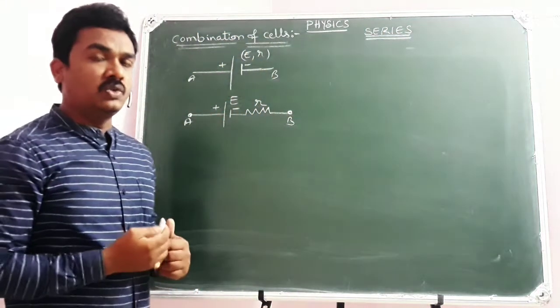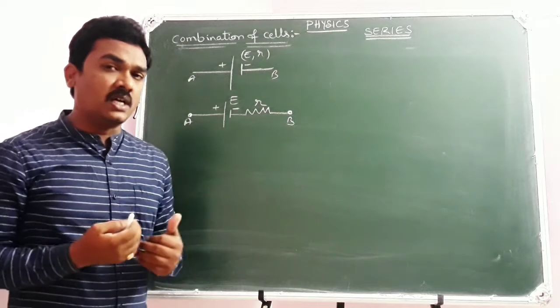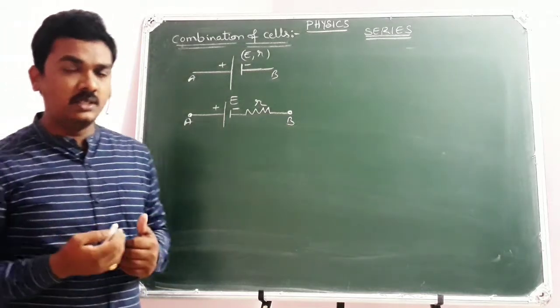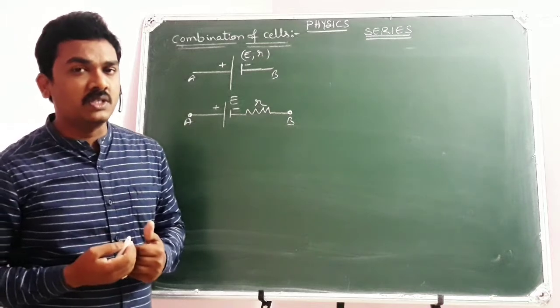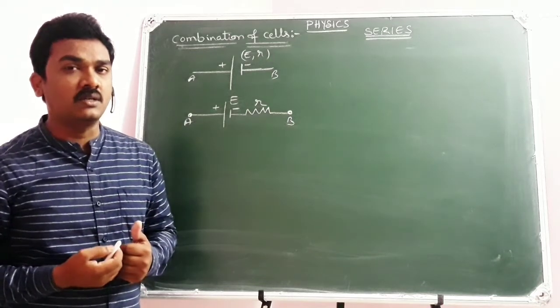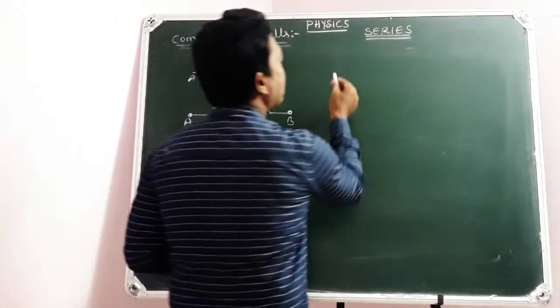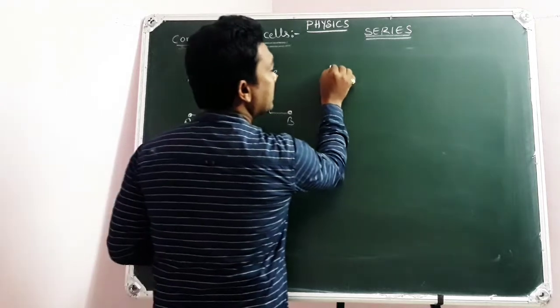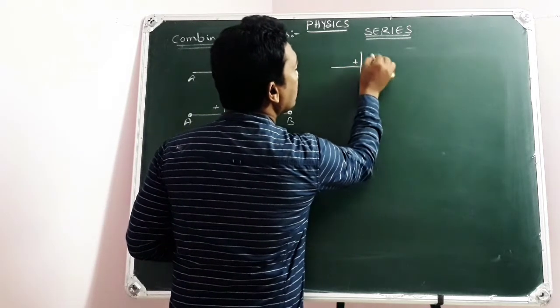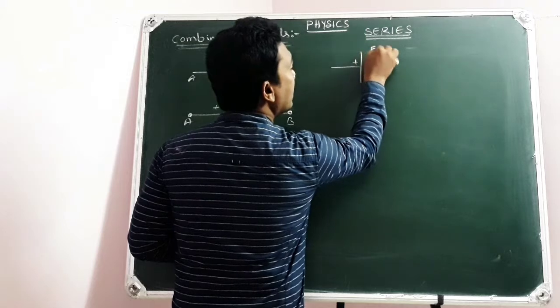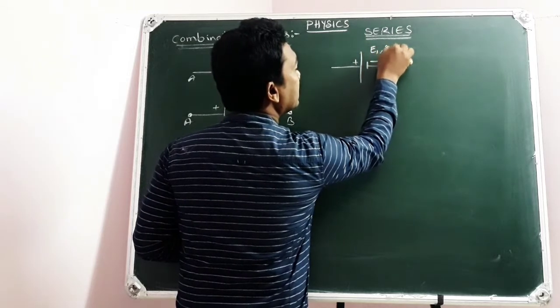So yes, as usual, if two or more cells are connected together end to end, then we say they are in series. But here it is very important, end-to-end combination means, for example, here there is a cell whose EMF is E1 and has internal resistance r1.